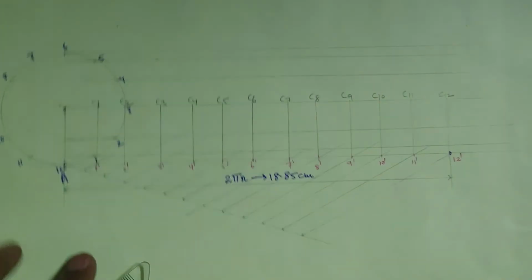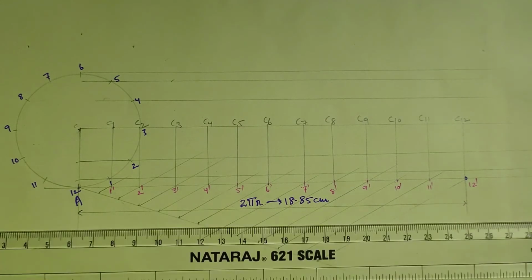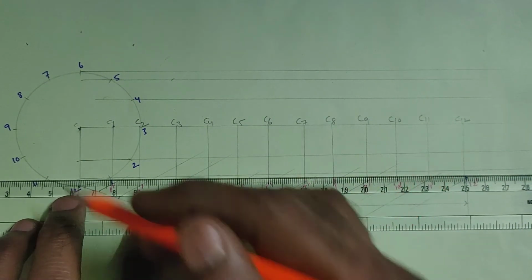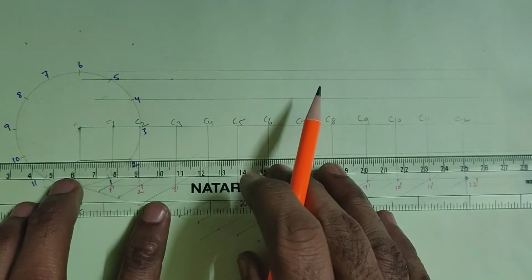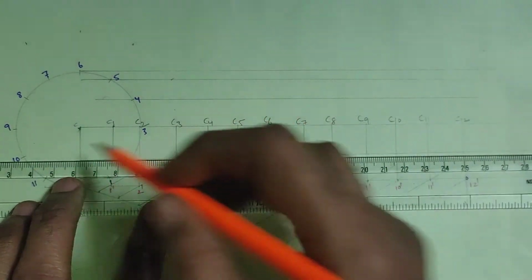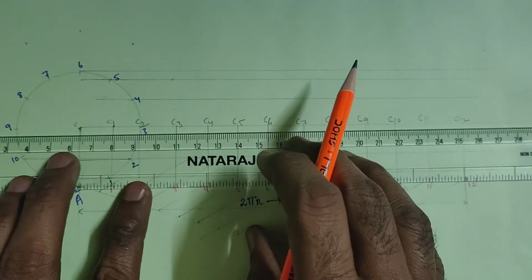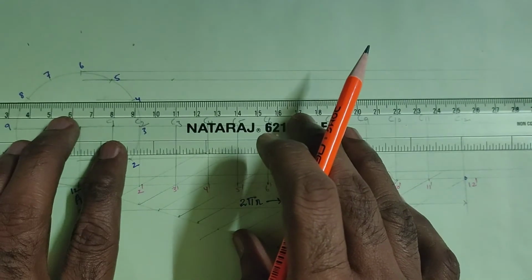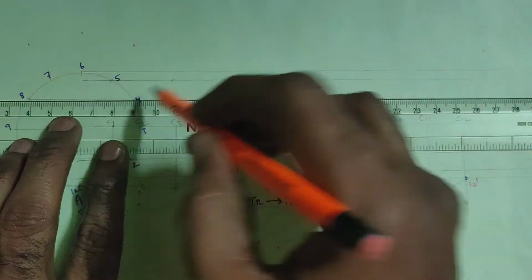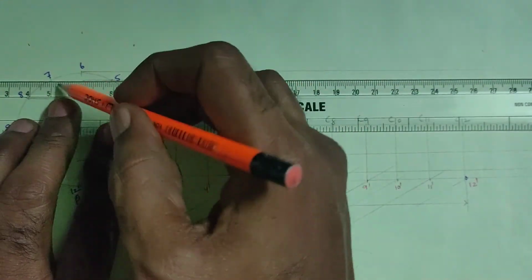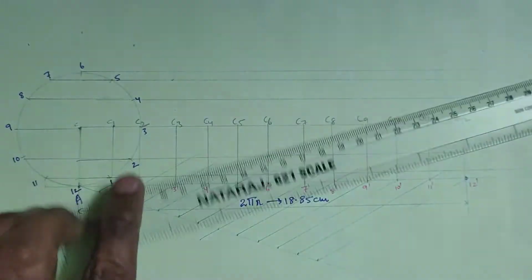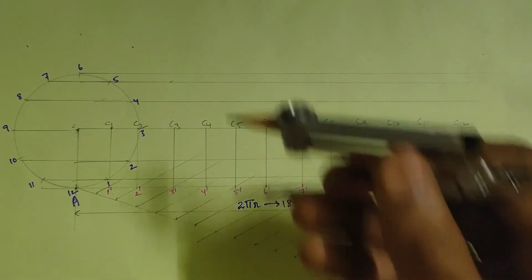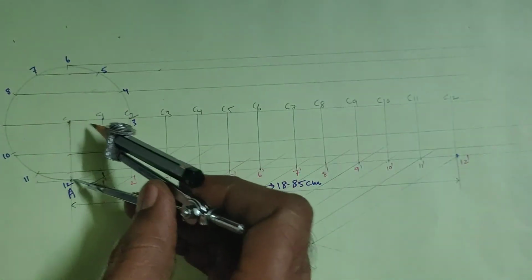Here 1 and 11 will be in line, and 2 and 10, and 3 and 9, 4 and 8, 5 and 7. The next one is with C1 as center and radius equal to this much.